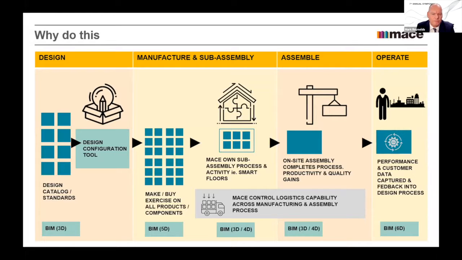We choose which we want to make or buy, and we only make anything where it's innovative and we don't have that capability or capacity elsewhere. We try to bring things together using our logistics systems, and then we are trying to minimize the amount of people on site and provide that loop around customer feedback through Operate.